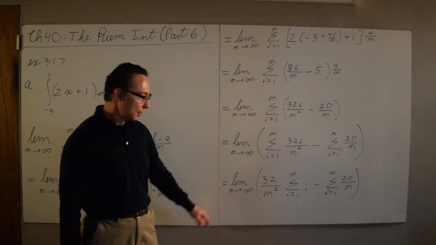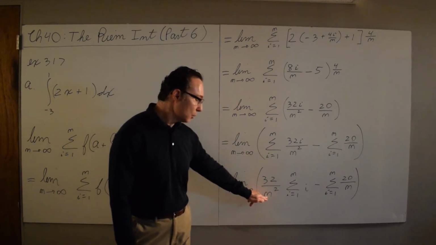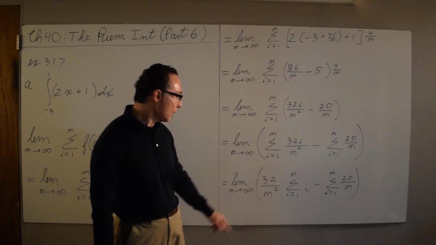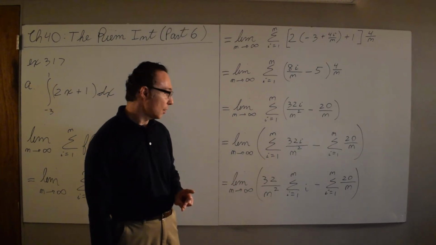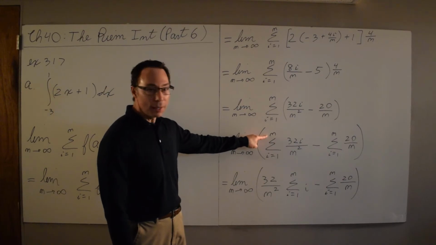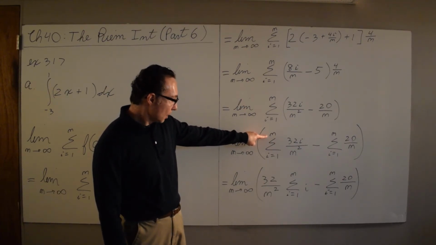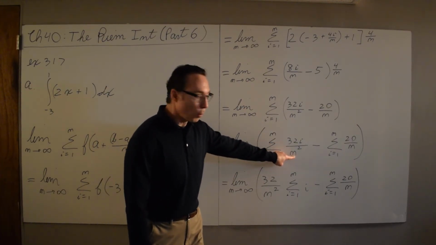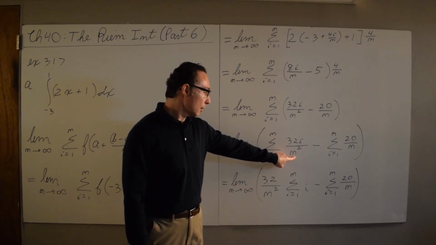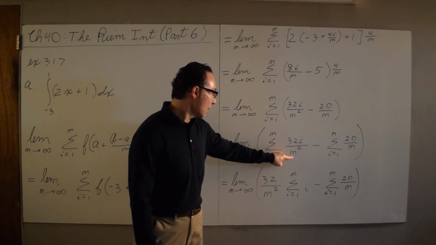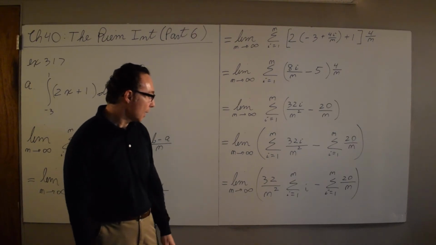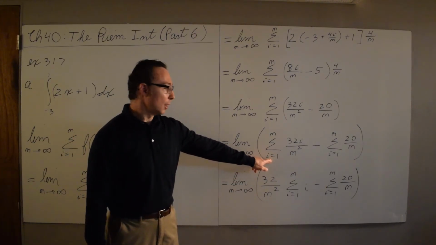Not the limit, because as far as the limit's concerned, n is your variable. But as far as the summation is concerned, n is a constant. It doesn't matter that your upper limit of summation is being squared and divided here. This n and this n are the same, but it's okay because we're considering i the variable.